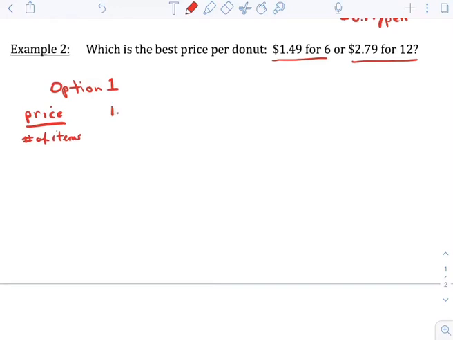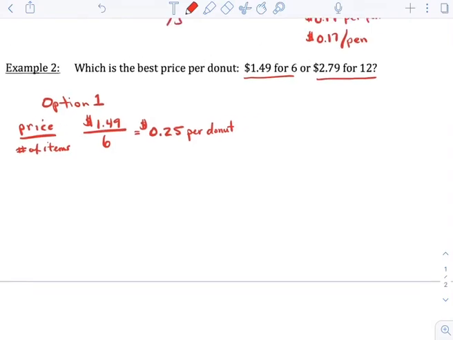So the first one is $1.49 for 6. So when I divide $1.49 by 6, it's going to give me the price for one donut if I buy that. Now in this case, it works out to be about 25 cents per donut.